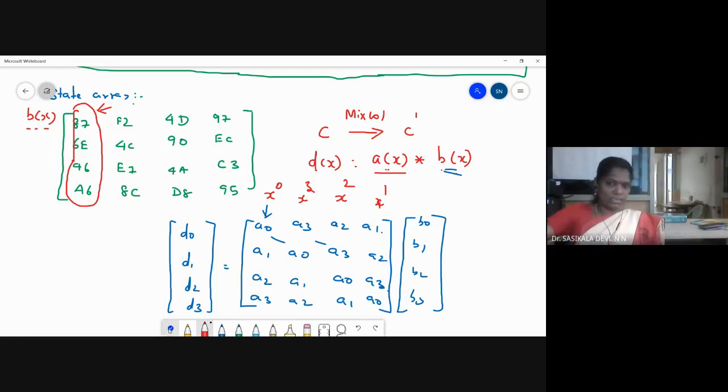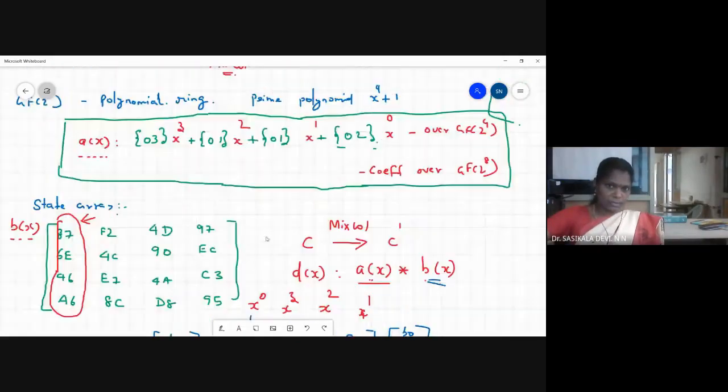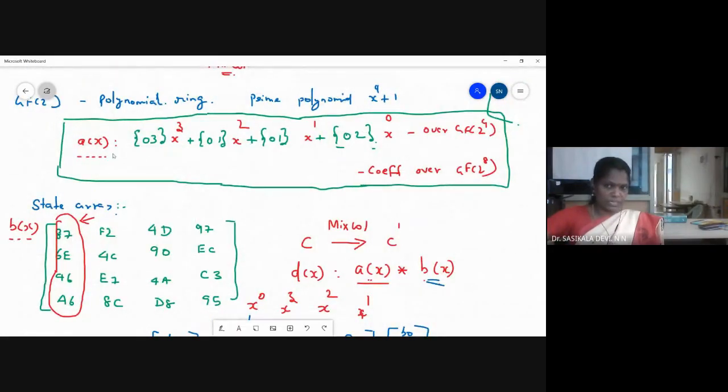Now I'm going to represent this multiplication, that is A of x. Please make it out because the screen is not visible to me. So A of x is 03 into x power 3, plus 01 into x power 2, plus 01 into x power 1, plus 02 into x power 0.